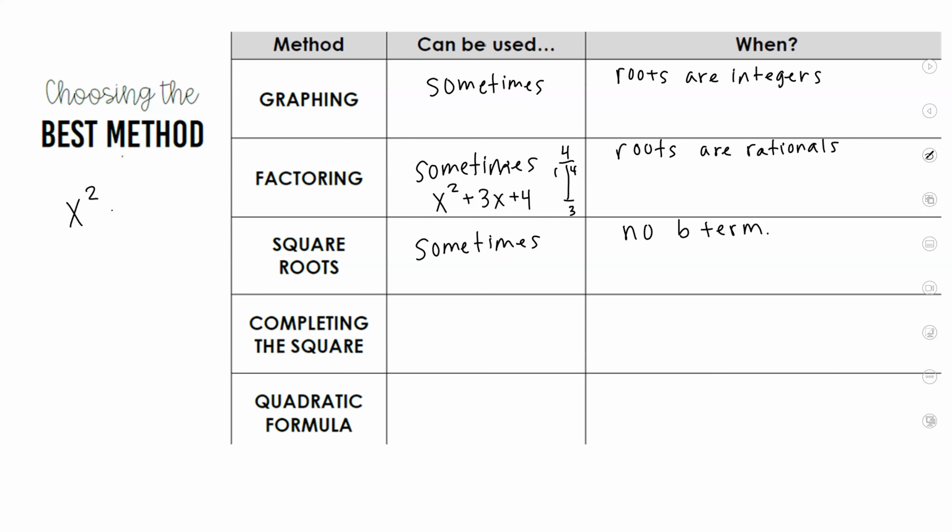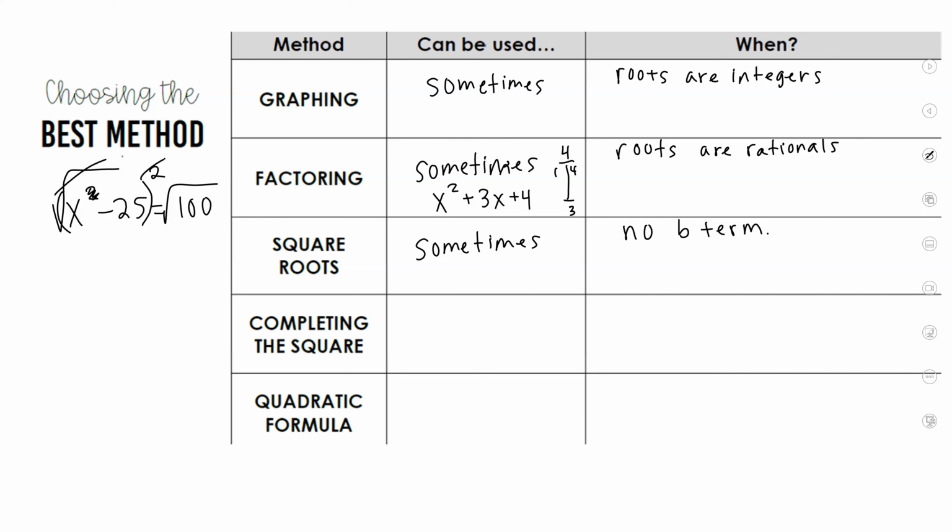X squared minus 25 equals 100. Maybe something like that. Oh, I'm sorry, that's not what we had. We had something like this. Okay, we didn't have a b term. We just had a and c. So then we just took the square root of both sides and then we solved. Okay, so the square root one, that works best when you do not have a b term.